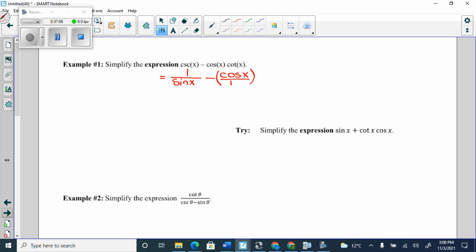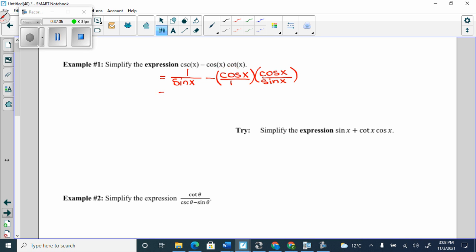For cotan, I could do 1 over tan, but there's a better option. What can I make cotan be? Cos x over sine x. And if I have fractions side by side, I'll put the cos x over 1 each time, because you do numerator times numerator, denominator times denominator, and it takes away people making oopsies.